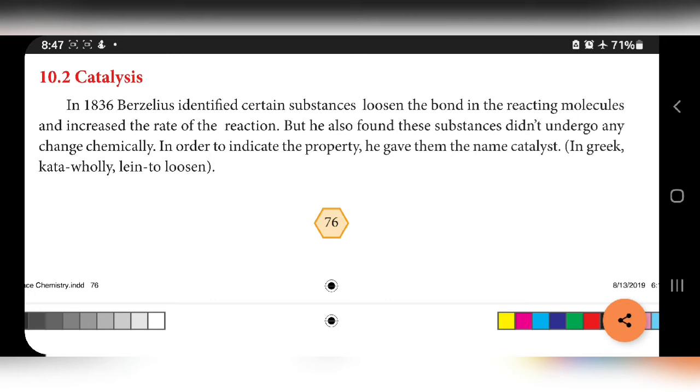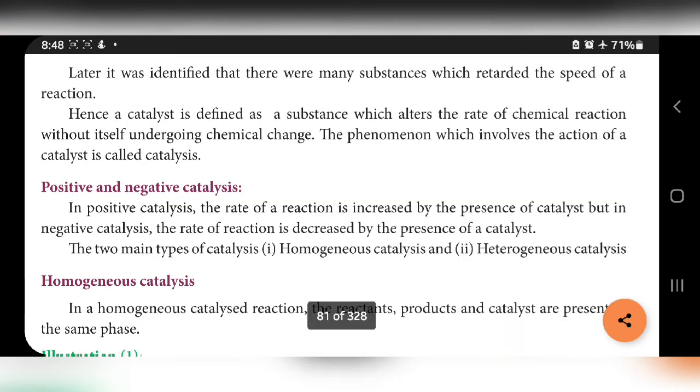In order to indicate the property, he gave them the name catalyst, because in Greek kata means wholly, lyein means to loosen. So wholly loosen, that means it makes bonds looser, so it is called a catalyst. Later it was identified that there were many substances which retarded the speed of the reaction.